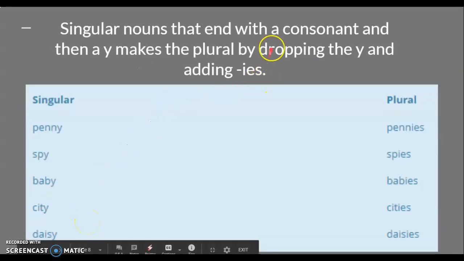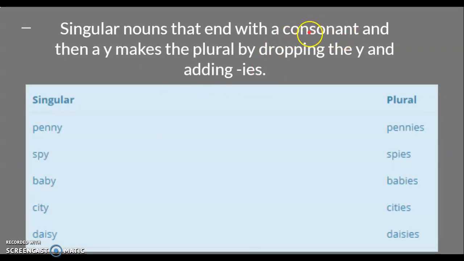When we have singular nouns that end with a consonant, okay, consonants are all the letters that are not vowels, okay? So consonants are B, C, D, F, G, all the letters that are not vowels. So when you have a consonant and a Y at the end of the noun, you're going to drop that Y and add IES, okay? Penny ends with a consonant, N, and a Y. Drop the Y, becomes pennies, and you add that IES.